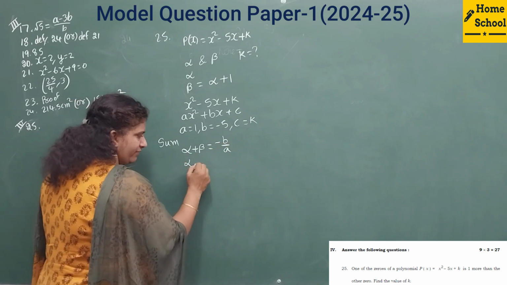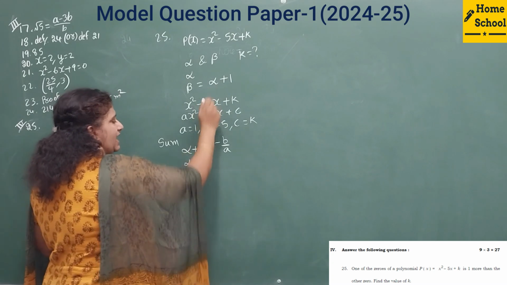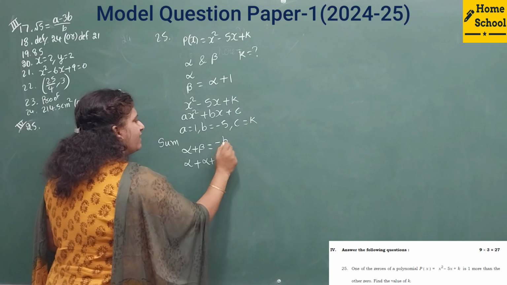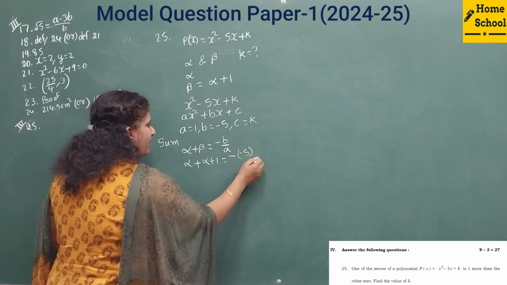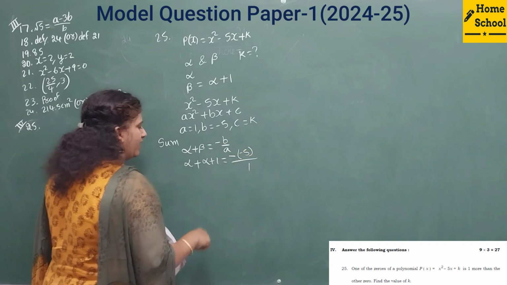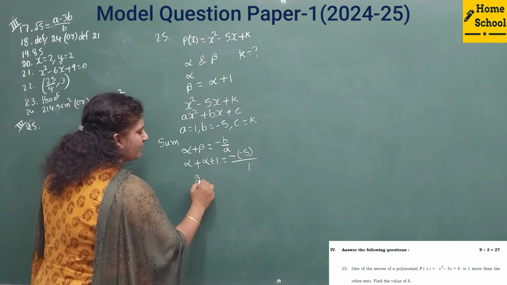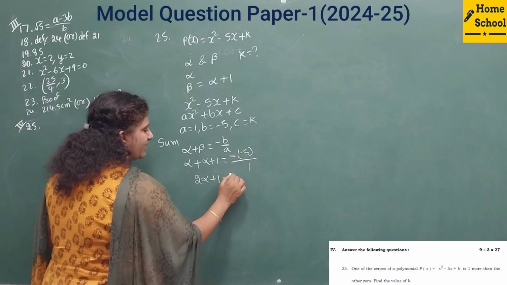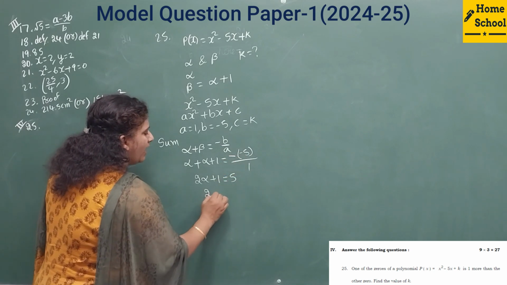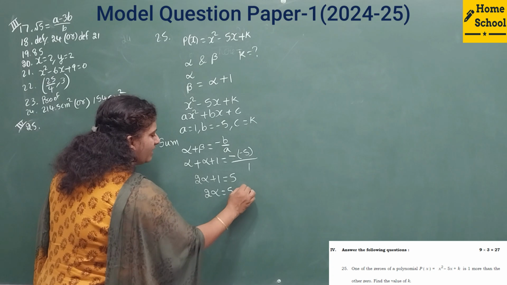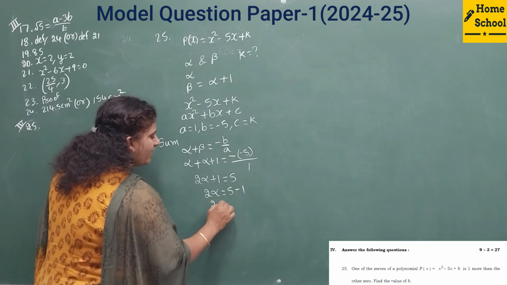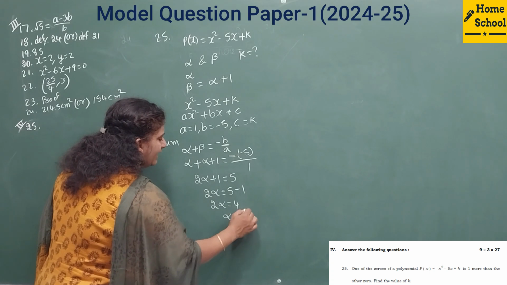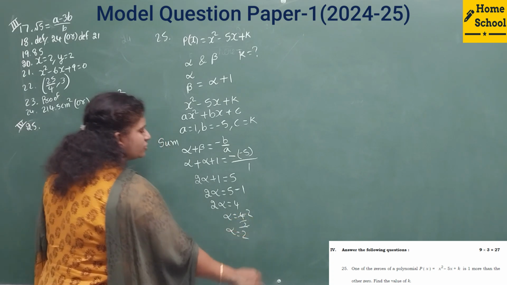Alpha value is alpha only. Beta value is alpha plus 1 you write. And minus b value is minus 5, take it in bracket, by a value is 1. Alpha plus alpha, 2 alpha plus 1 is equal to minus into minus plus 5. 2 alpha is equal to 5 minus 1. 2 alpha is equal to 4. Alpha is equal to 4 by 2. That is alpha value is 2.